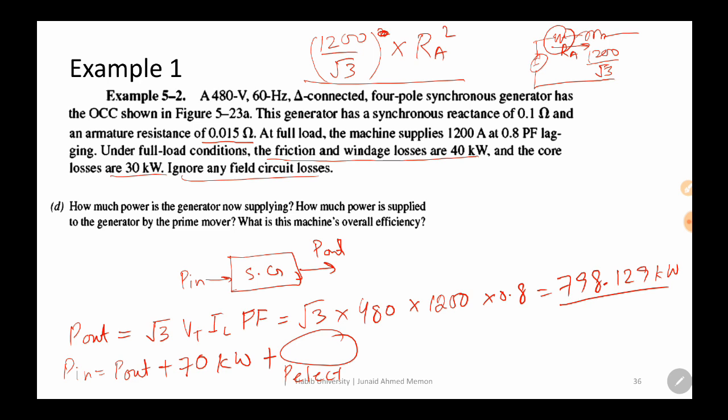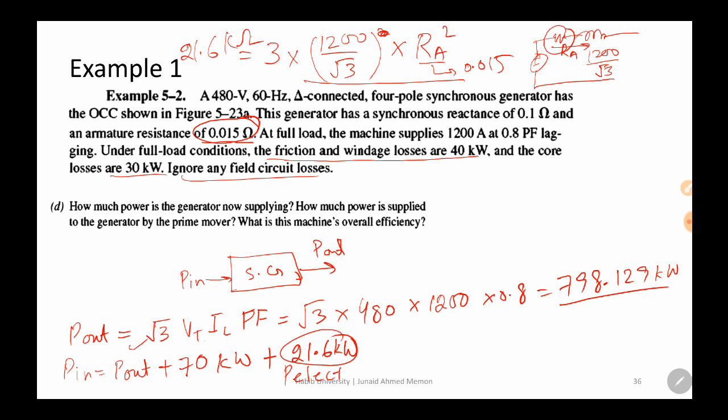With 3 phases, we multiply by 3. So this will be the losses. If you substitute this, you'll get the electrical losses of 21.6 kilowatts.